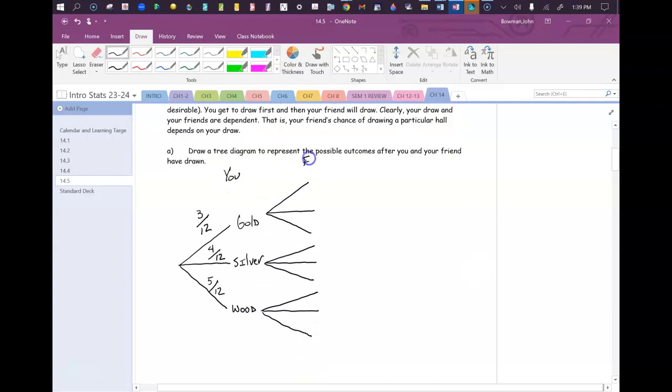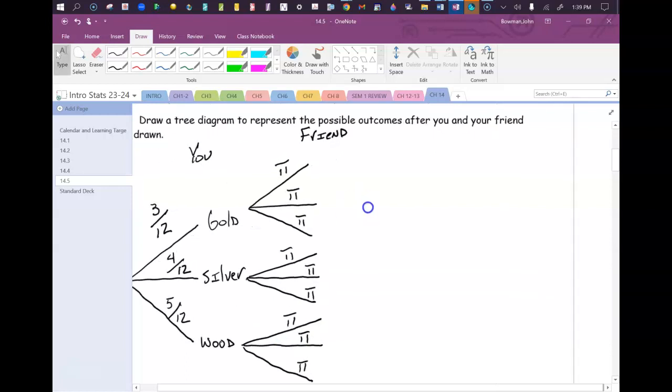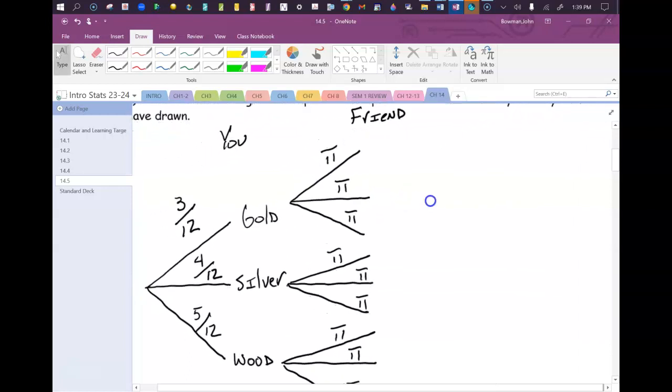So this is your friend's stage of the tree. And we know that there are only going to be 11 possibilities left in each case. So we're going to put our denominators here for all of these. And then we're going to fill in the corresponding probabilities.